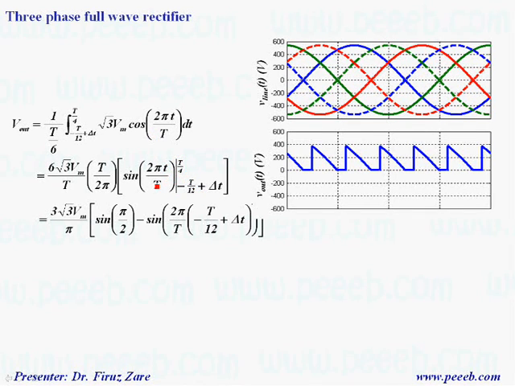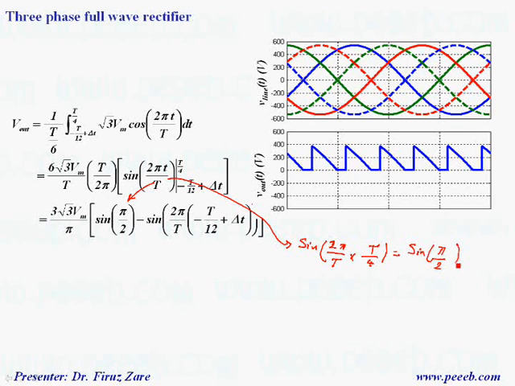So we can simplify into this equation, because when we put in the upper limit, sine of 2 pi over T times T over 4 can be simplified as sine pi over 2, which is this term, and then the lower limit in this equation gives this term.